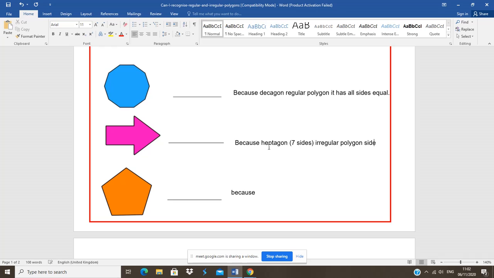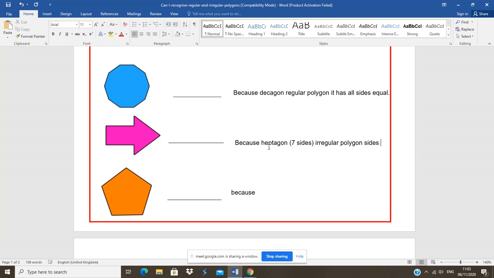Sir, that doesn't look like a heptagon, it's actually an arrow. Yes, it's an arrow. But if we count the number of sides, we're not looking at the arrow. Remember that we have regular and irregular polygons, okay? Regular polygons will have all their sides equal.